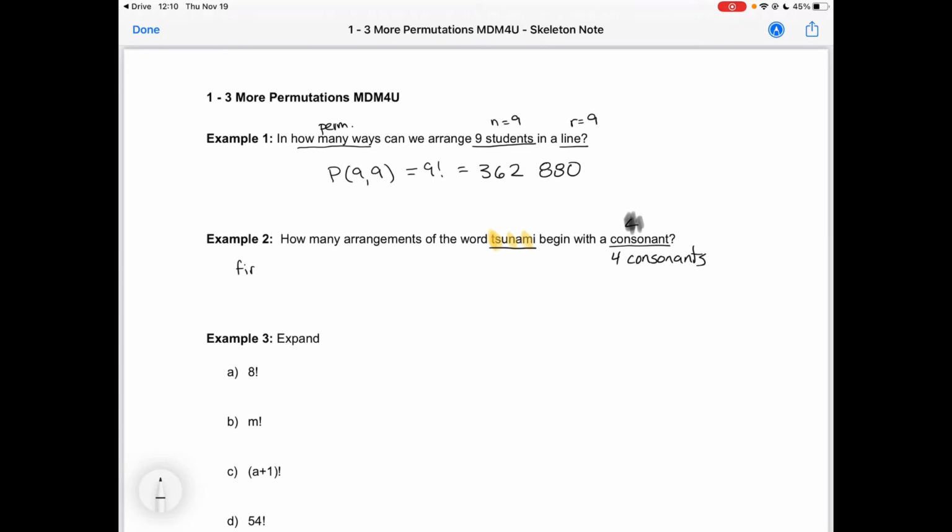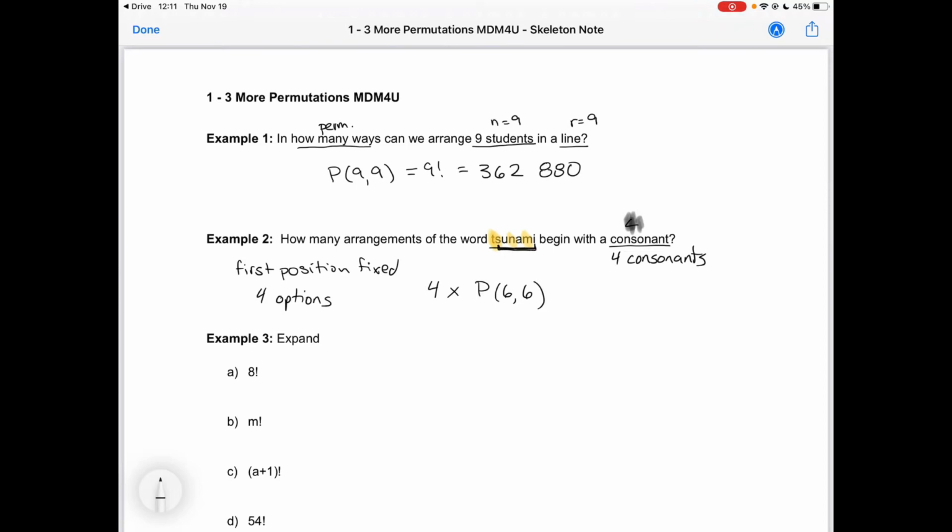And so what I'm going to do is keep my first position fixed, but I've got 4 options for that first position. So that would be like 4 branches on a tree diagram. So I've got 4 options for my first position, and then left over is 6 spots to choose from. So tsunami has 7 letters. What I'm doing is making the first one fixed.